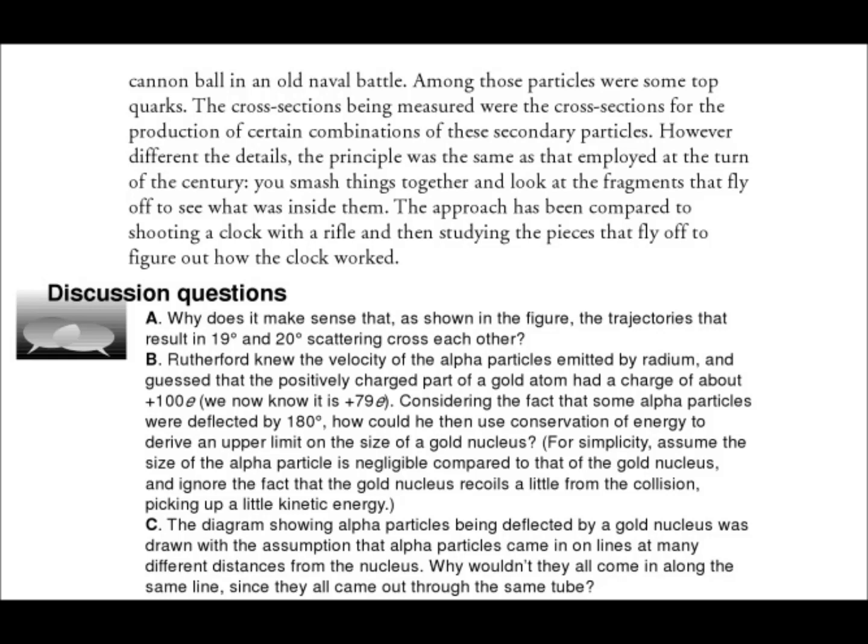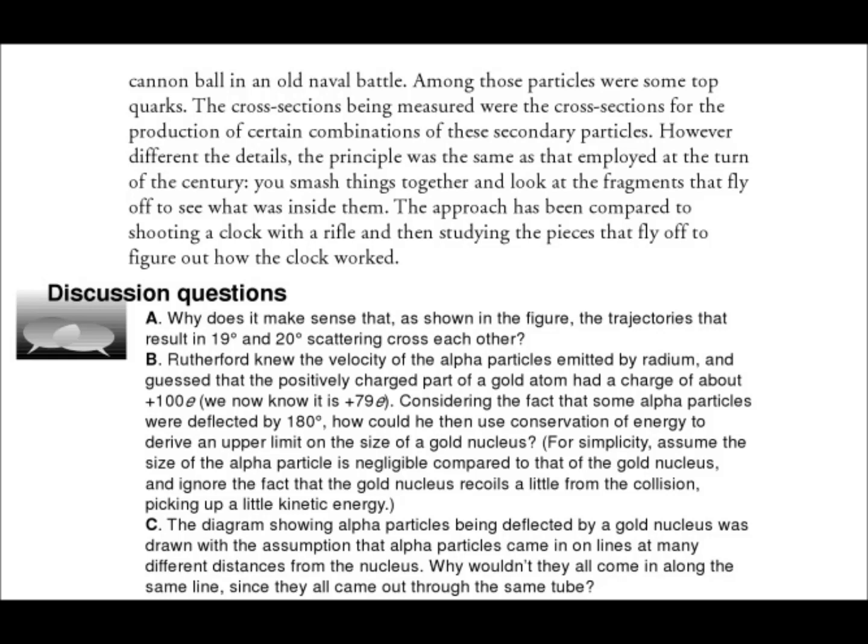However different the details, the principle was the same as that employed at the turn of the century. You smash things together and look at the fragments that fly off to see what was inside them. The approach has been compared to shooting a clock with a rifle and then studying the pieces that fly off to figure out how the clock works.